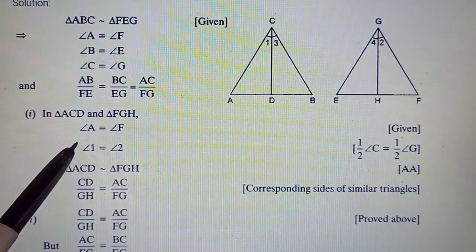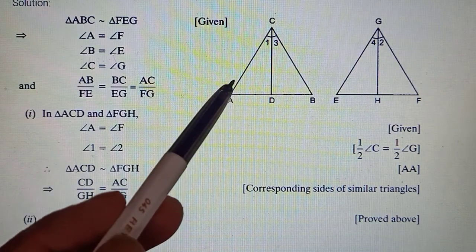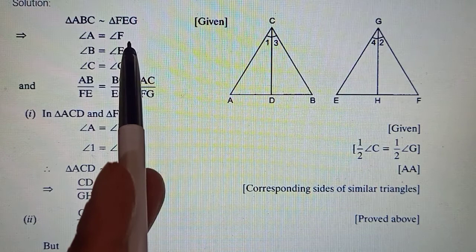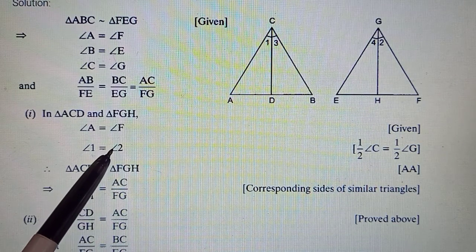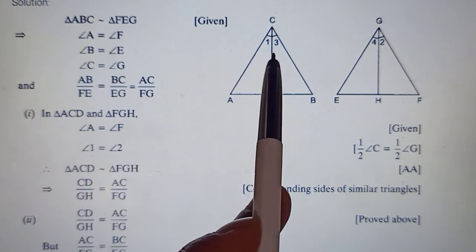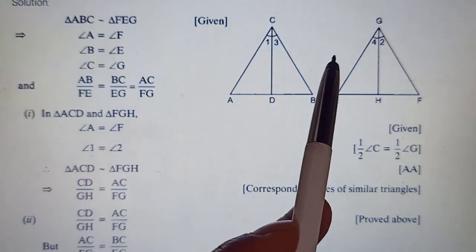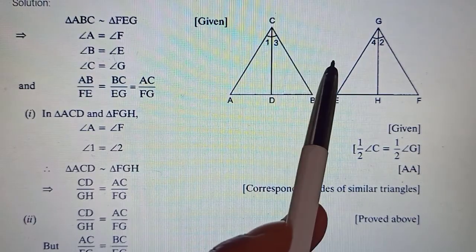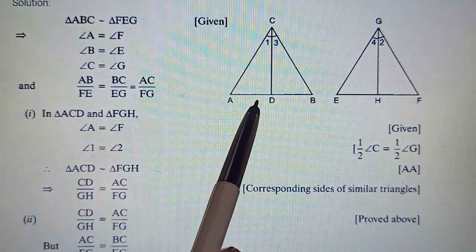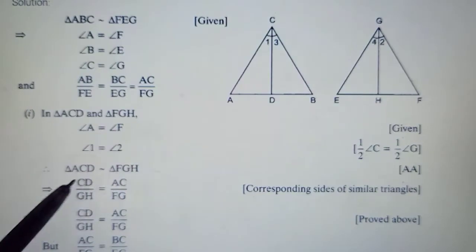Okay, so for that we would say in the first triangle this angle A is equal to angle F that we had proved above. Okay, or that was given to us, we can say. Then you can mark them like they have marked 1 2 3 4. You can mark it as x y, whichever, x x and y y also. That way also you can mark, okay, because we know these were bisectors, so they ought to be equal.